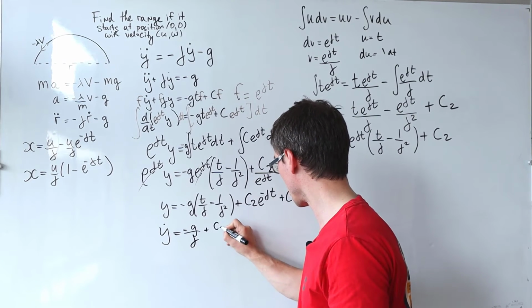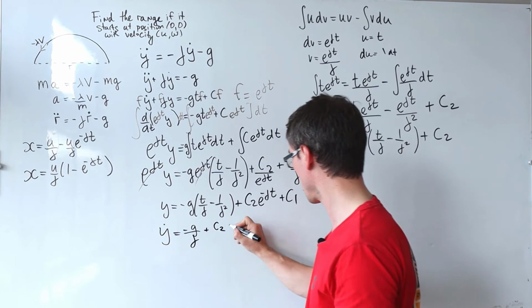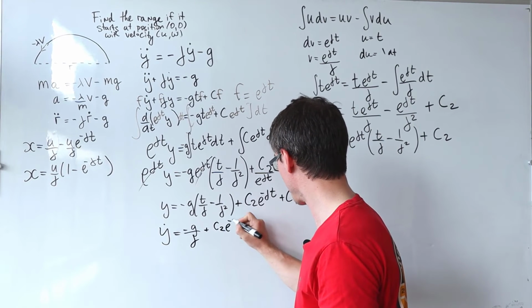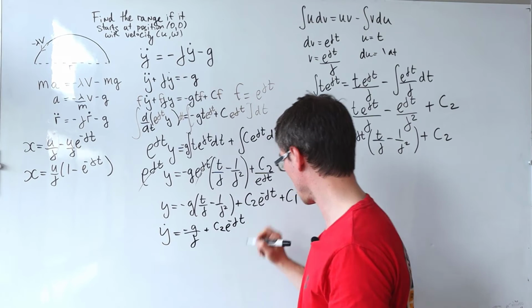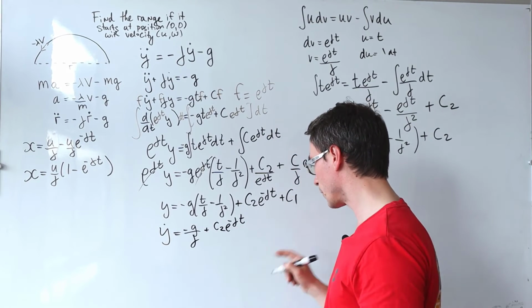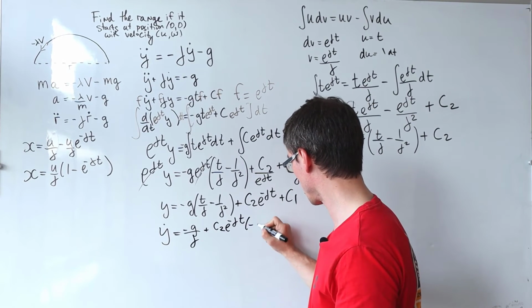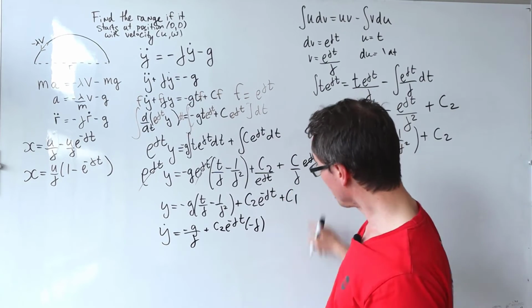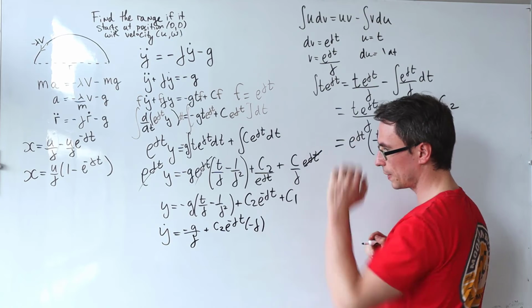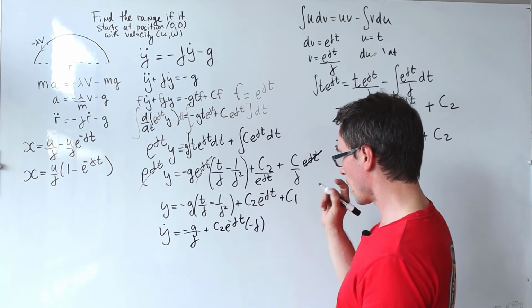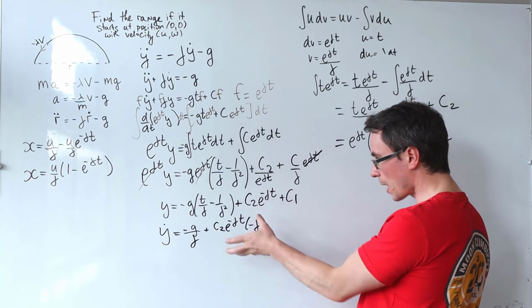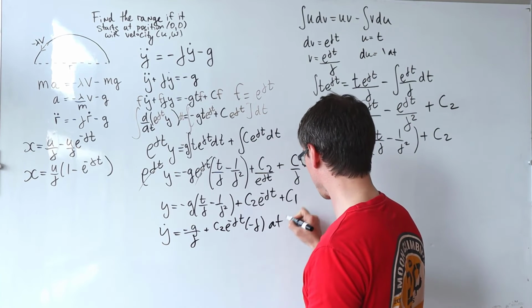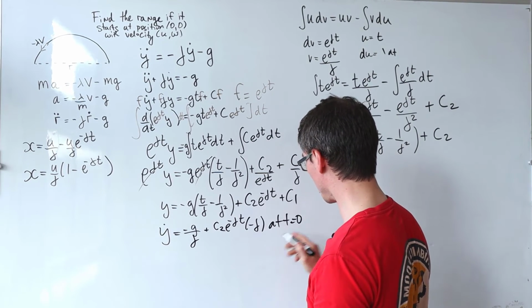Plus, we're going to have a c2 term, e to the minus gamma t. When that thing here is differentiated, we also get a factor of minus gamma, and then this constant here will conveniently disappear. Okay, now let's evaluate this at t is equal to 0.